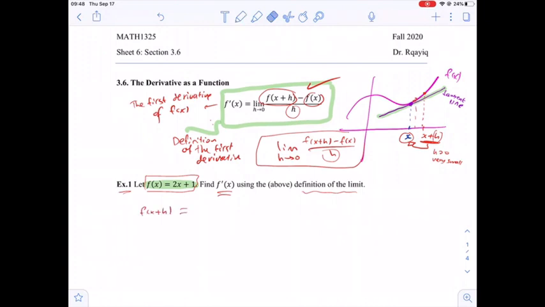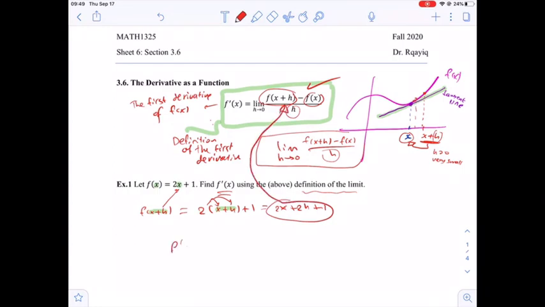To find it, we need to plug x plus h into this function. When we plug this in, we get 2 times x plus h plus 1. Then we simplify: we multiply 2 by x and 2 by h and then plus 1. So this expression will come here for f of x plus h.